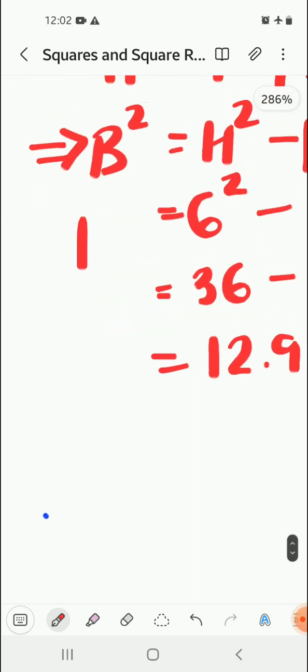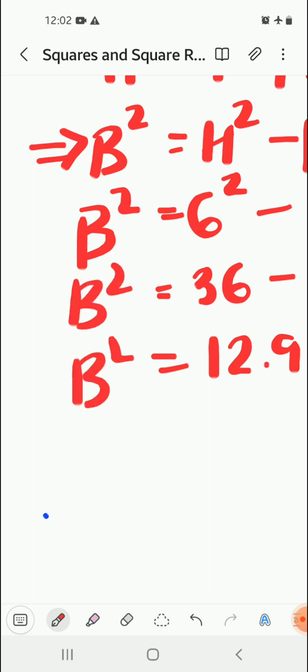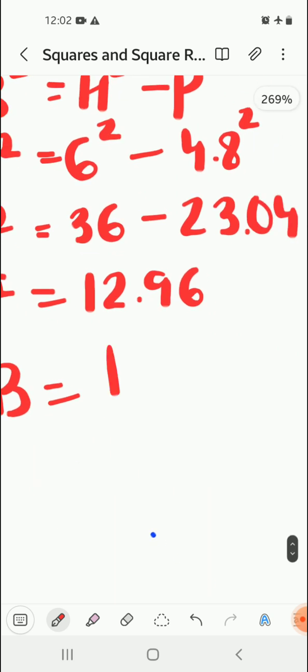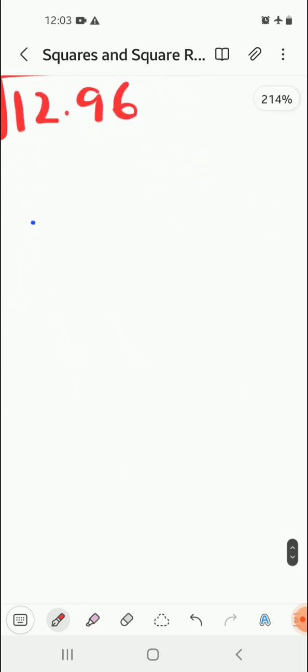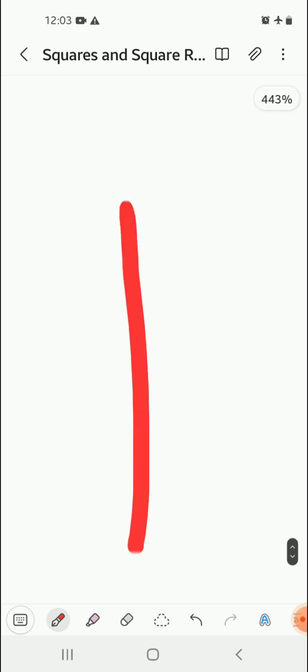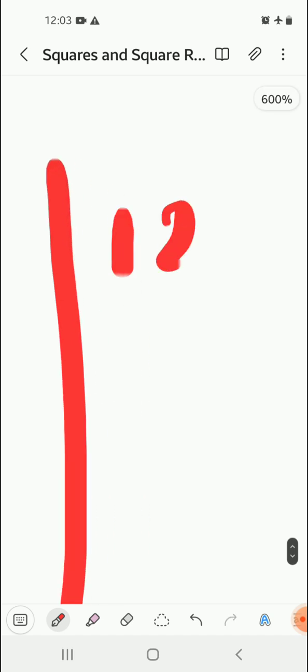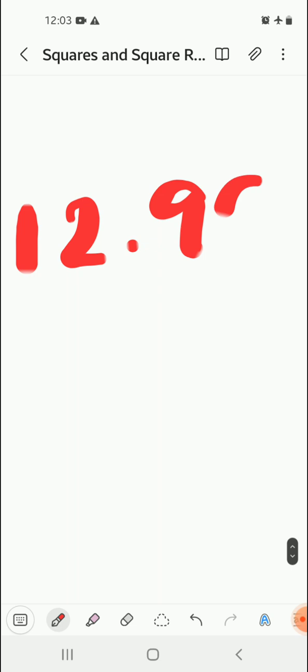This means that the base square is 12.96. Therefore, the base will be the square root of 12.96. So we are going to find it out.